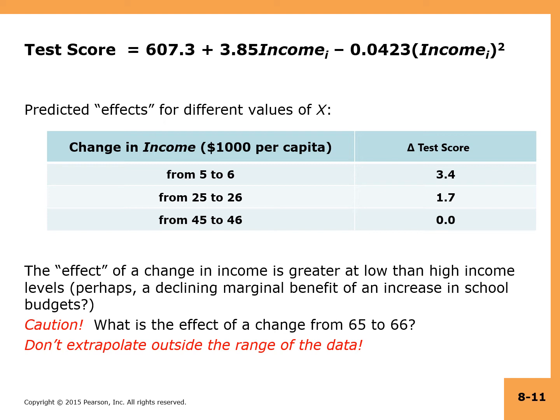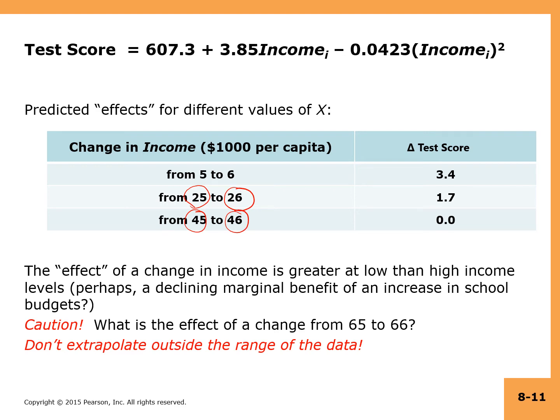We can do the same thing for different values of x. So as you can see in the table, you can measure how much the test score changes if the district income increases from 25,000 to 26,000 and also 45,000 to 46,000.